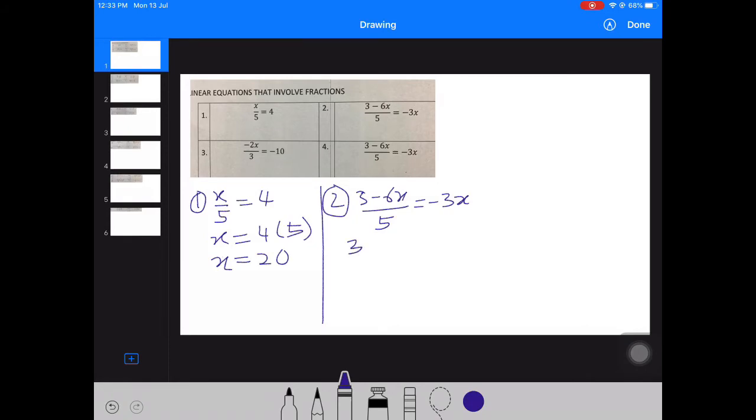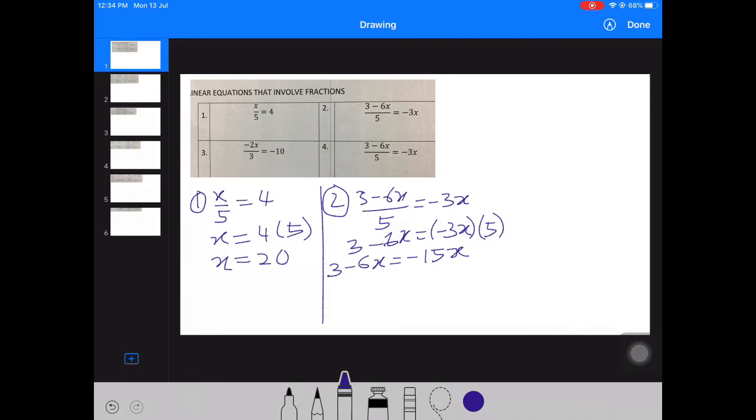Leaving the left side as 3 minus 6x equals negative 3x multiply 5. Then 3 minus 6x equals, you just multiply that, you get negative 15x. And then we're going to group the like terms.